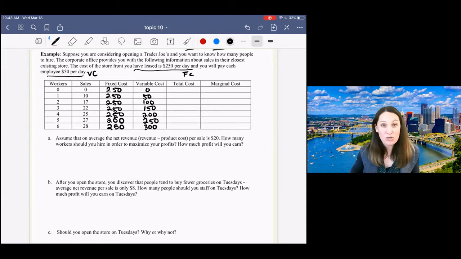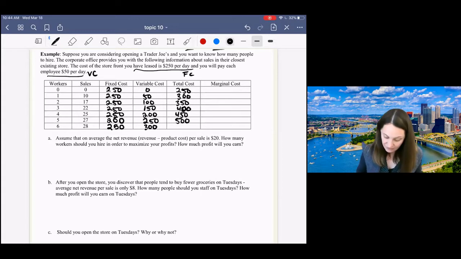And for total cost, we're just adding those together. So I've got 250, 300, 350, 400, 450, 500, 550.